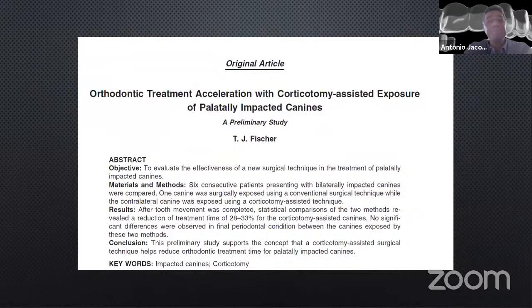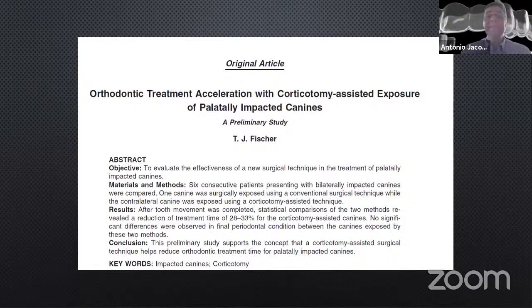It's an interesting article by T.J. Fisher, where he compared the same patient with two impacted canines. He used a corticotomy on one side and not on the other, to see if the corticotomy really accelerates the eruption of the impacted canine.